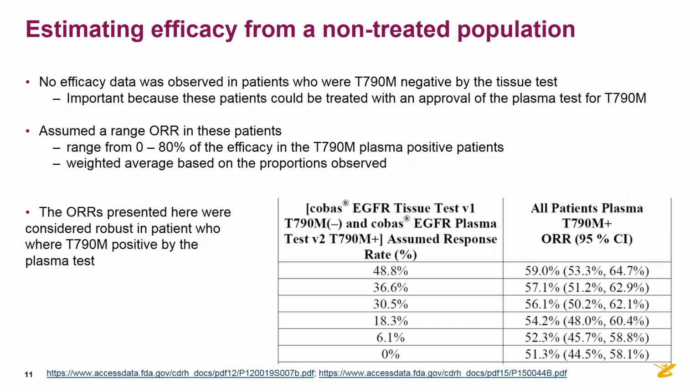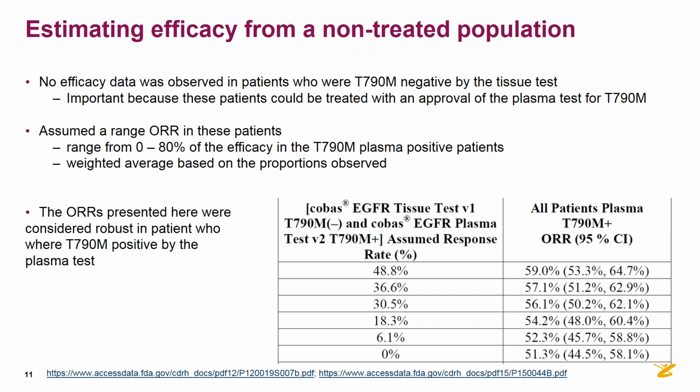On the screen now we can see that, for example, the 48.8% is 80% of the efficacy observed of the 61% across the cohorts, and weighting that by the PPA, if we were to then see all patients treated by the plasma test being T79M positive, we were estimating an overall response rate of 59%.